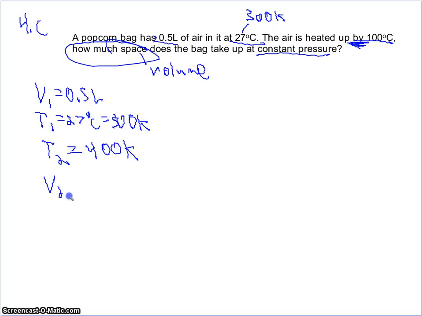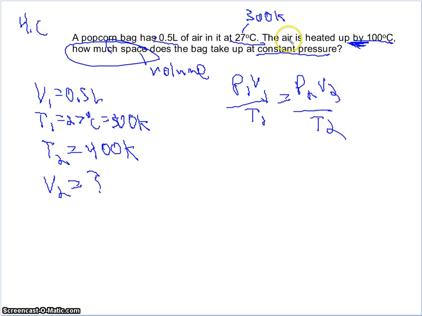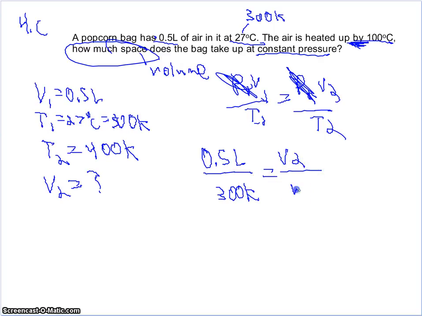And it's asking me for V2, how much space. My combined gas law is P1V1 over T1 equals P2V2 over T2. Pressure's constant, so I can get rid of that. Then I just plug in. I have 0.5 liters over T1, which is 300 Kelvin, equals V2, which I don't know, over 400 Kelvin.